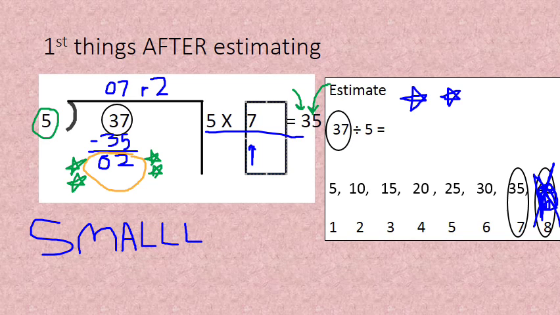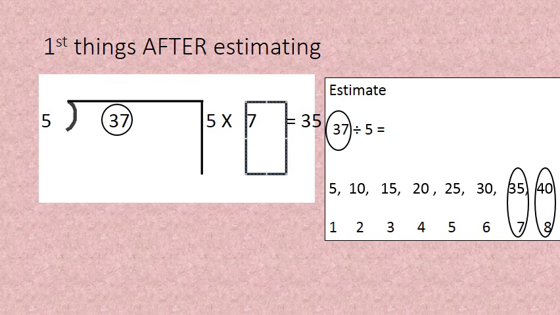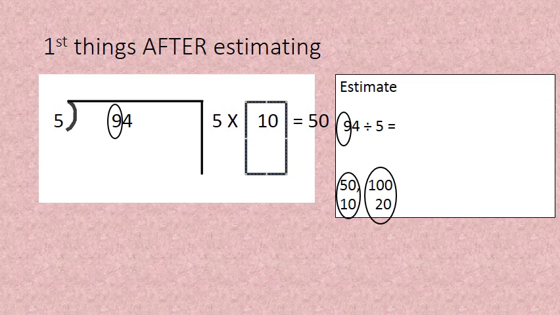One more example, and then you'll try some on your own. Okay, let's take a look at our last example, 94 divided by 5. You can see that we did all the steps all the way up until finding a number after the box.